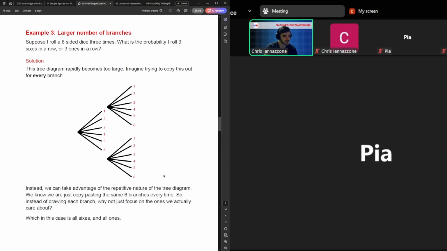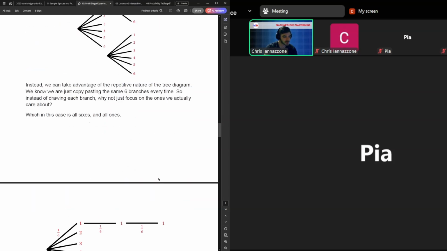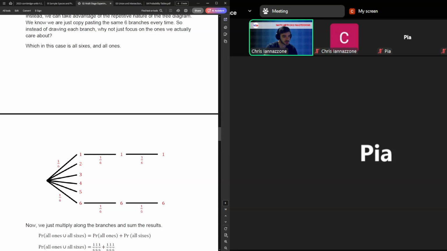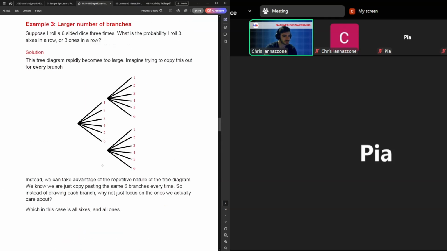If you have an exceptionally large number of branches, just cut off the bits you care about. So if we're looking for 3 6s or 3 1s, all of this stuff doesn't matter.